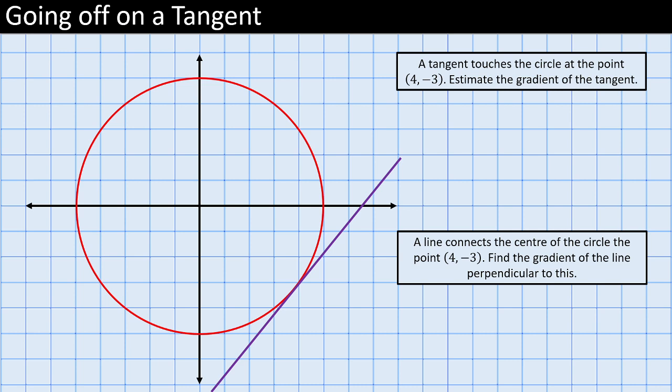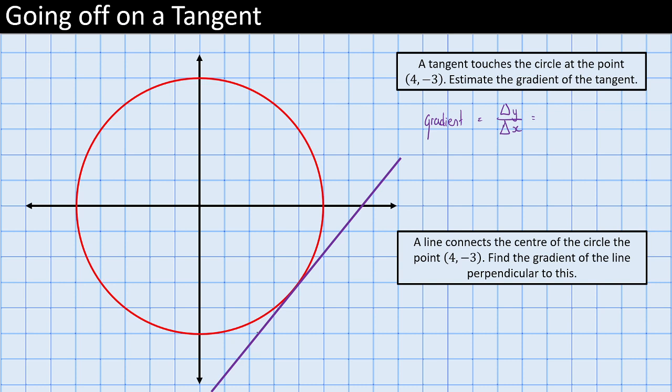Now, as before, we said that our gradient is our change in y divided by our change in x. If you go on to do AS level or A level maths, you'll see this notation a little bit more. This Greek letter delta just means the change of. It's just a little shorthand.